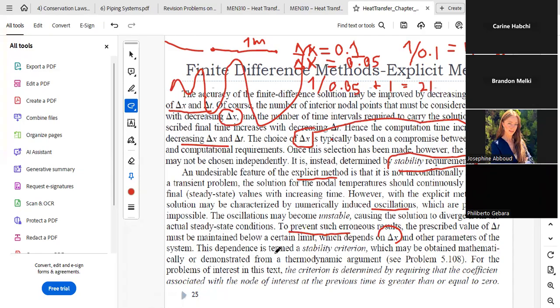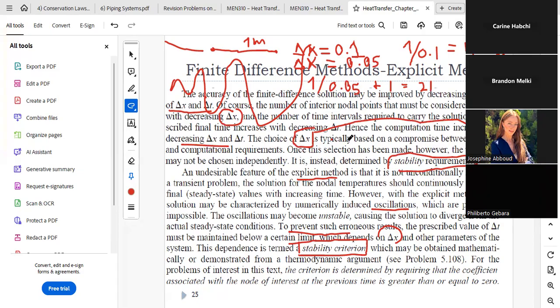This dependence is called the stability criterion, which may be obtained mathematically or demonstrated by a certain thermodynamic argument. Here, we will not go into numerical details. If you want solutions on how we find this delta t, we'll just give you the result.